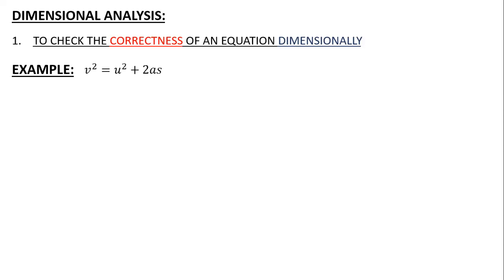First we need to find out how many terms are present in the entire equation. We can clearly see one term on the LHS and two terms on the RHS. As per the correctness of the equation, I'm going to first find out the dimensions of every term.